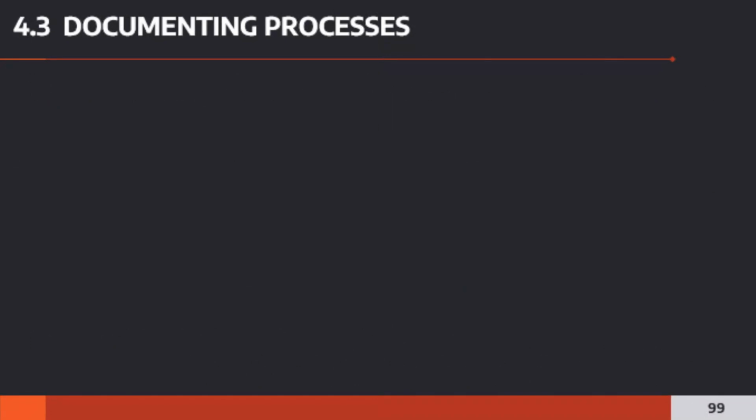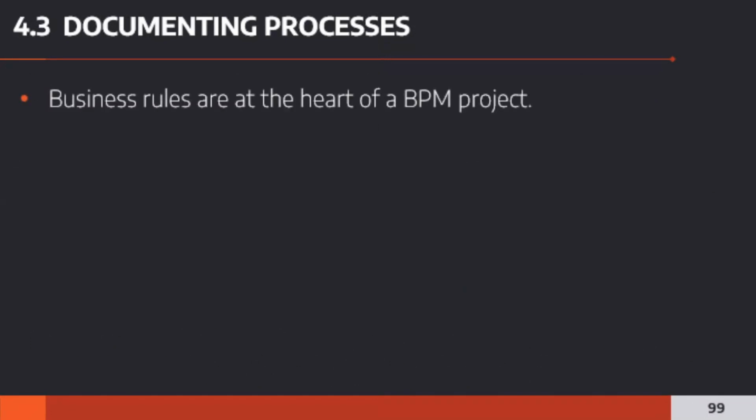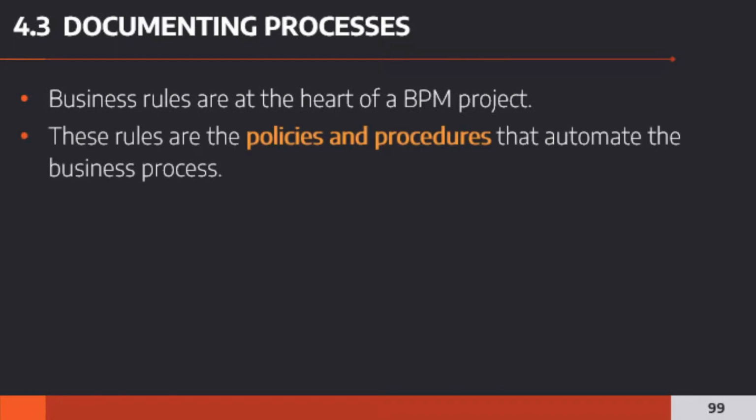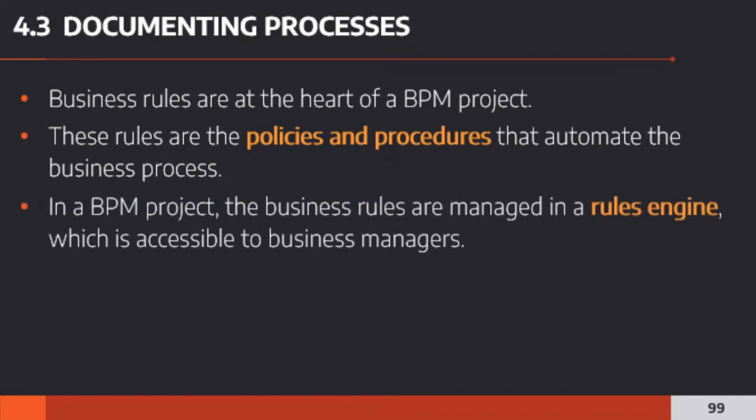In the documentation of your processes, you have to understand that business rules are at the heart of the BPM project. Now, these rules are what we call the policies and the procedures that automate the business process. They are very important. In the BPM project, the business rules are managed by what we call a rules engine, which is accessible to business managers.